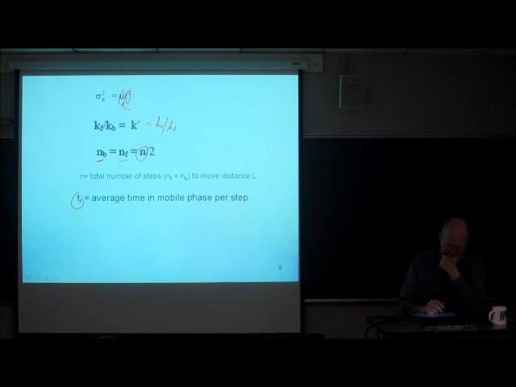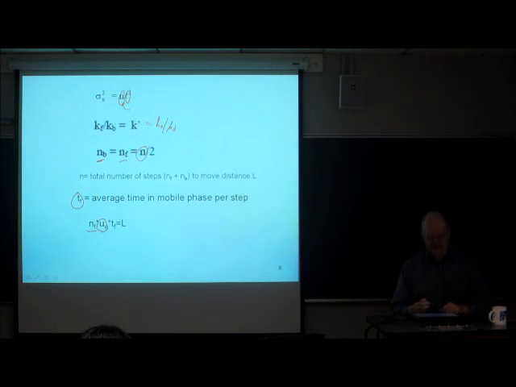Now let's consider TF, the average time spent in the mobile phase per step. Well, if NF is the total number of forward steps, and U sub E is the velocity of the solute when it's in the moving phase, and TF is the time that it spends per step in the moving phase, then the product of NF times UE times TF has got to be the length of the column.